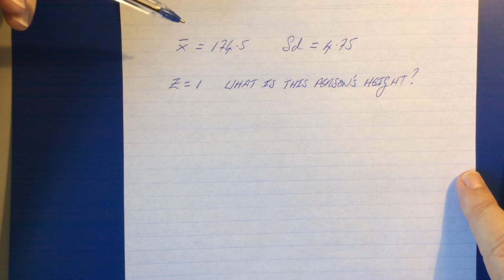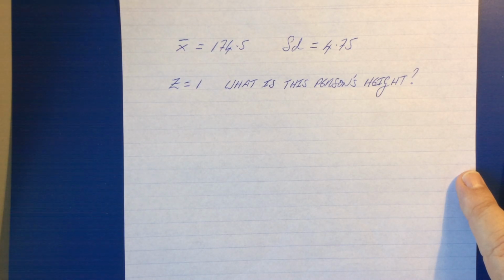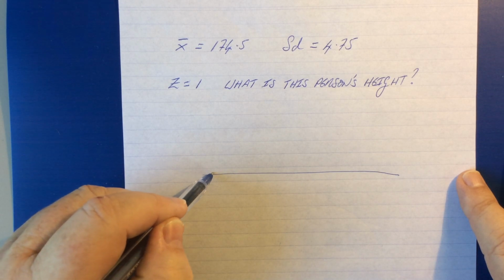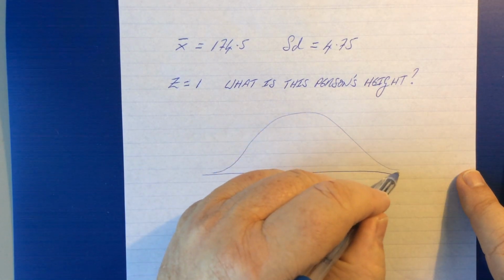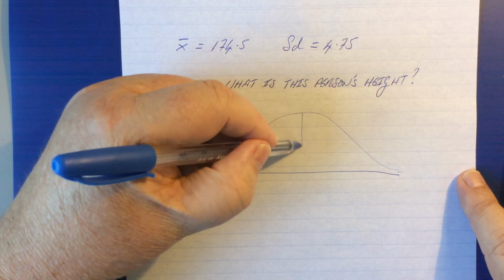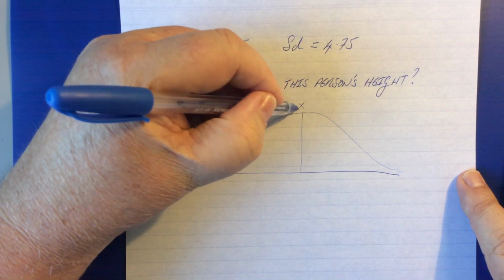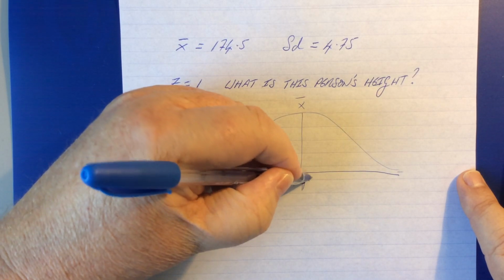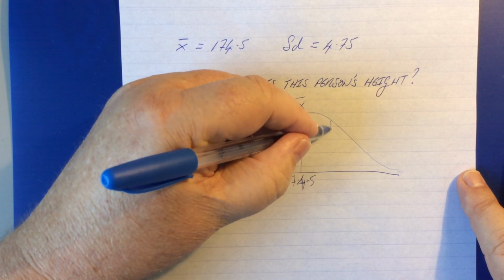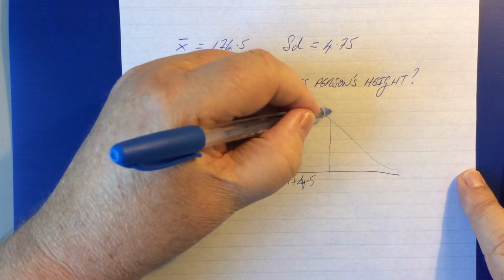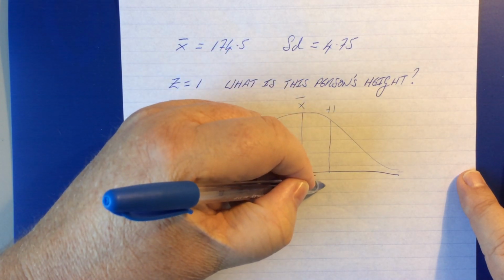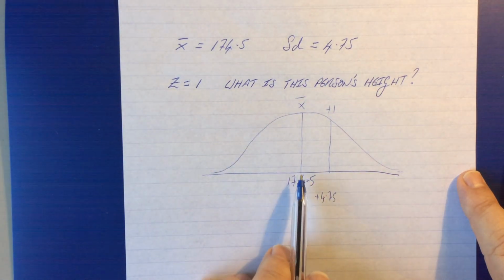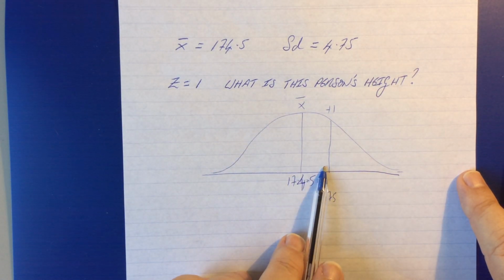And I should illustrate this, I think. So just very quickly draw my poor artist's impression of a normal distribution. What we've got is we've got the mean here, which is 174.5, and our first standard deviation is here, and that adds 4.75 centimeters to our person's height.